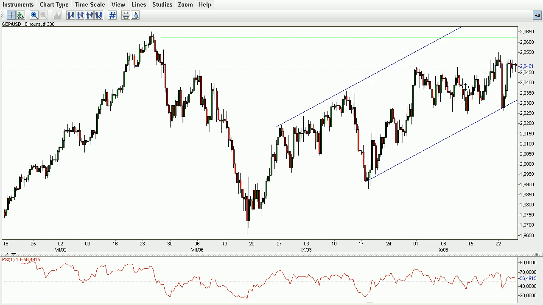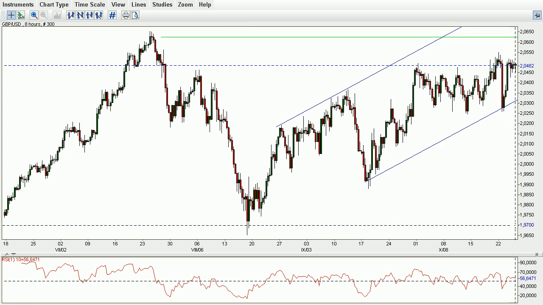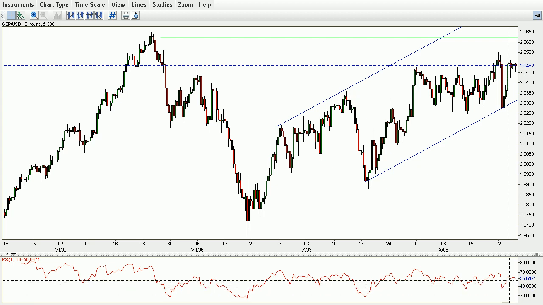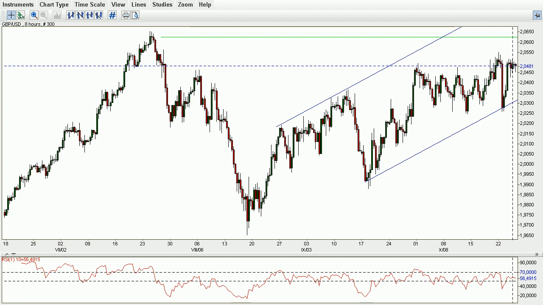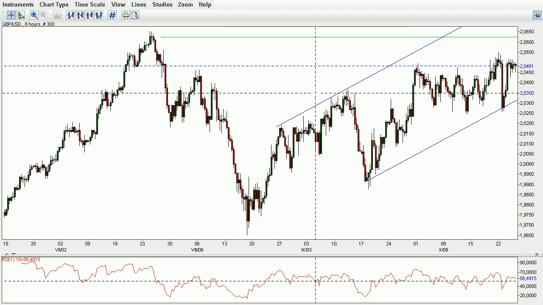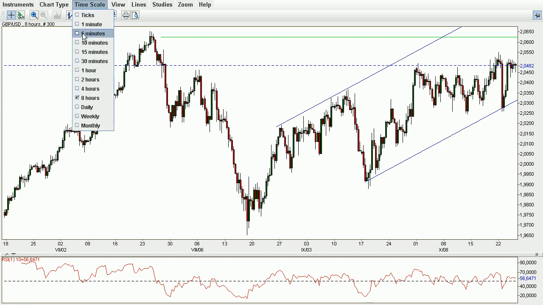As we see, we have already touched the lower boundary of our channel, and this might be a sign that our currency pair is going to continue its move upwards. Another thing is that we have our relative strength indicator still above the 50 level, which is a good support and resistance zone. This is another confirmation that our price may go higher.